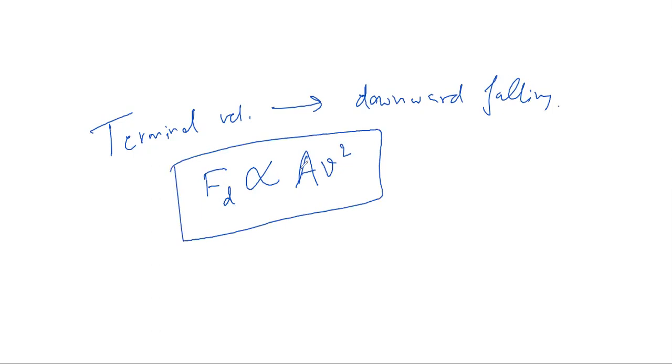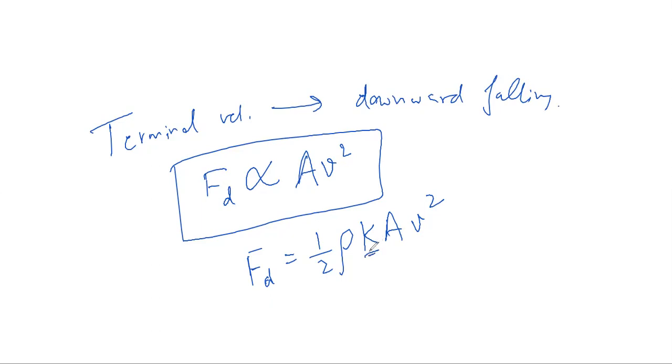And if we remove this proportionality factor also, we may get something like this for drag force. I don't think this will be asked in your exams, but you should remember that it is equal to half into rho, A, v square, into some constant.